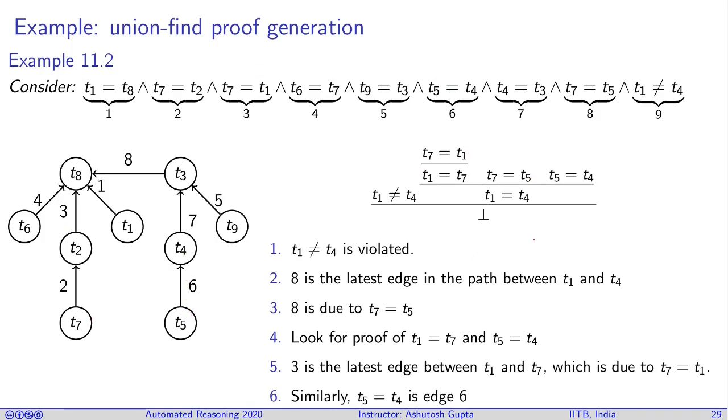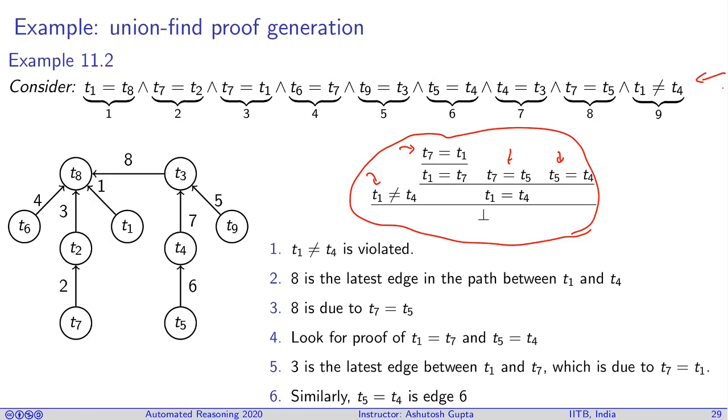So this becomes a valid proof in the theory of equality, and it has 3 leaves. This one, this one, this one. Actually there are 4 leaves, and if you put them together, it becomes an unsatCore of the whole formula. And now we can send it back. The negation of this unsatCore would be a concrete clause for the CDCL level.